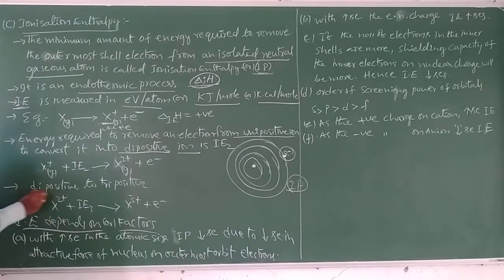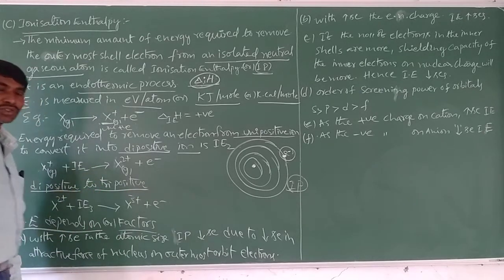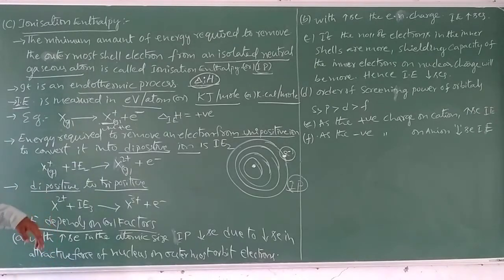Then another one is dipositive to tripositive. The dipositive ion is converted into a tripositive ion. That is called the third ionization enthalpy.